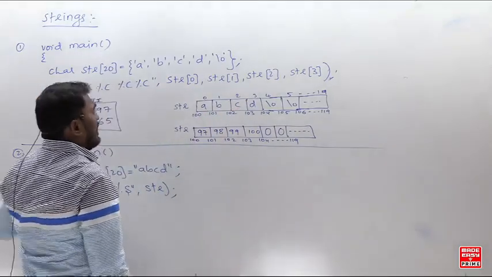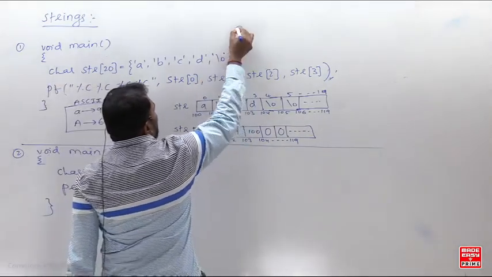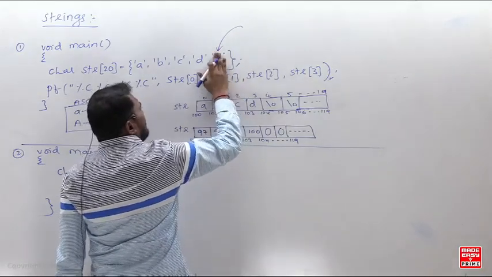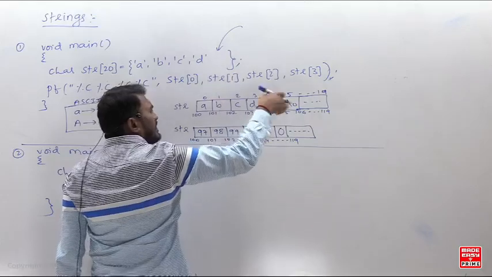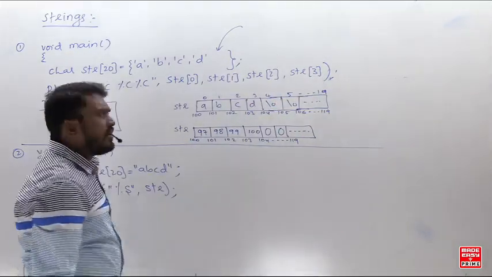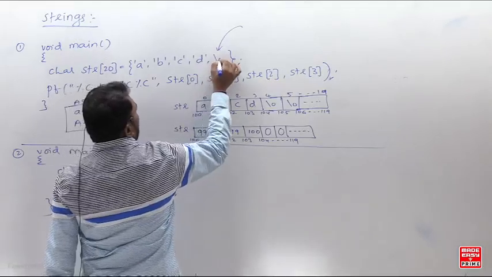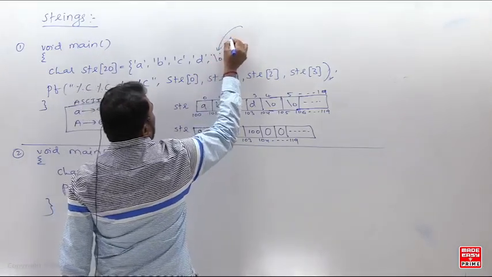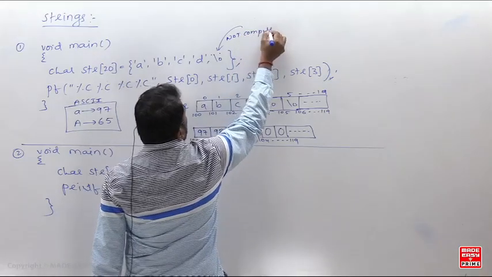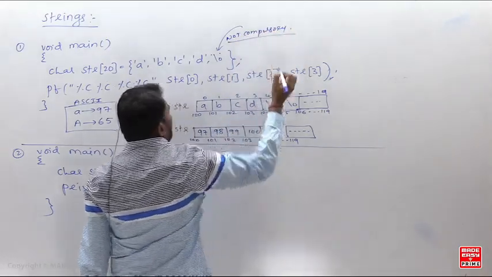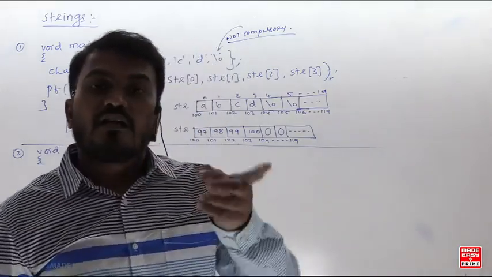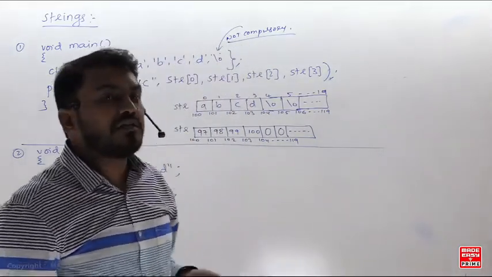Somebody may have a question: sir, why are you initializing the null character? If I don't initialize this, no problem. Even if you don't initialize the null character, it is not compulsory, and remaining all will be null characters only. I already told you, in array initialization, the remaining all contain 0.